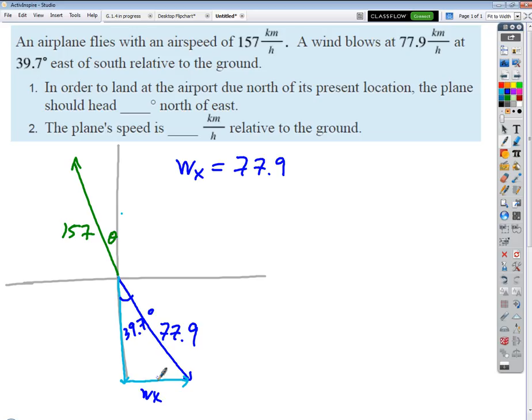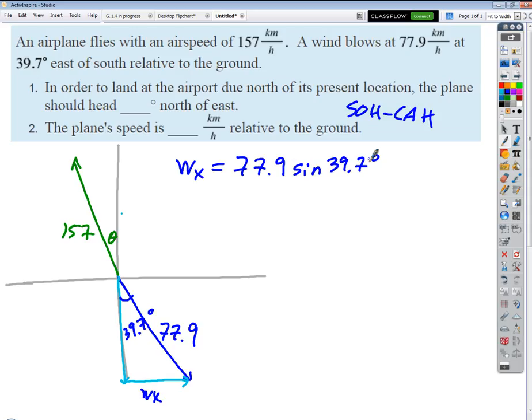Opposite. So what's that tell us? Sine, good, because of SOH CAH TOA. Does that make sense? Okay. So in this case, it's 77.9 sine of 39.7 degrees. Some number, right?